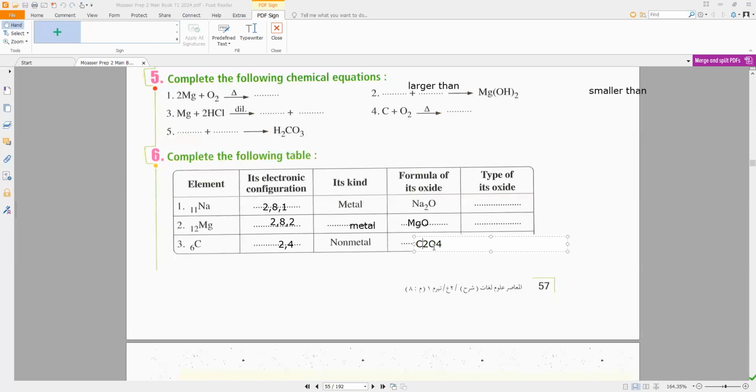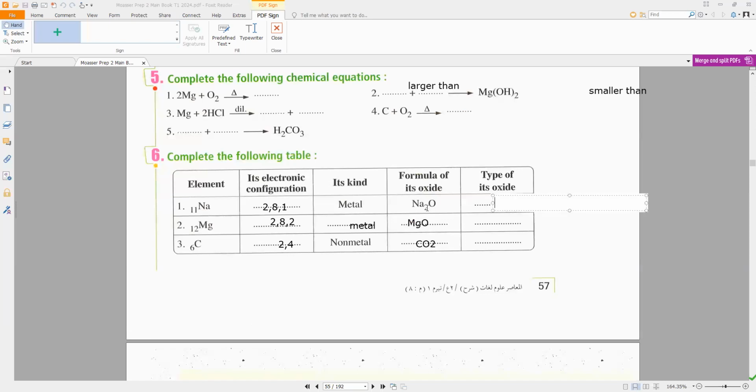The oxygen is divalent, so we write 2 at the bottom of carbon. 2 and 4, we can divide by 2, so it will be 1. Here we don't write 1. So this is the formula of carbon dioxide.